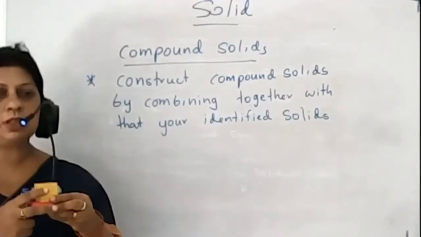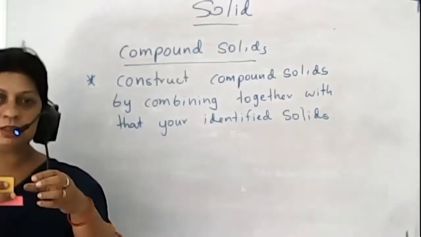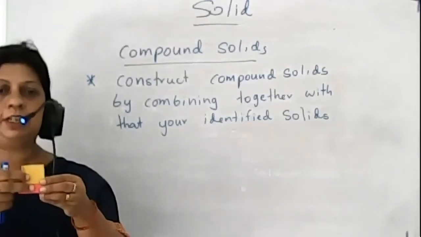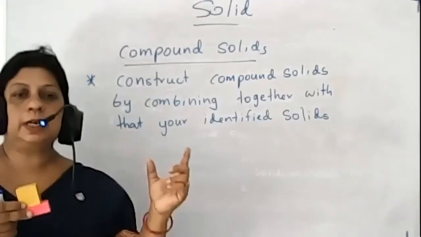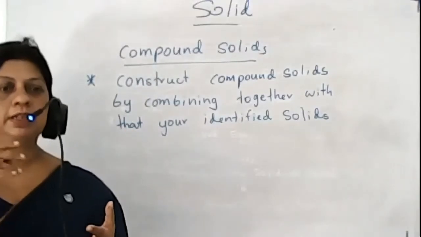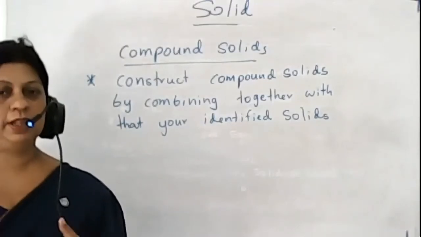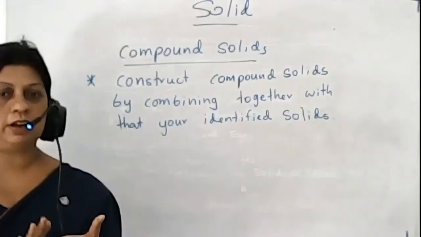We use the solids that you identified together to build other figures. We call those compound solids. After that, for compound figures, you have to mention how many vertices, faces and edges. Now the whole lesson is finished.